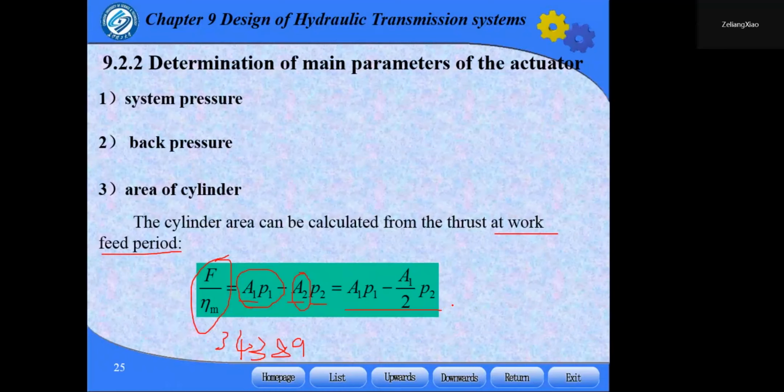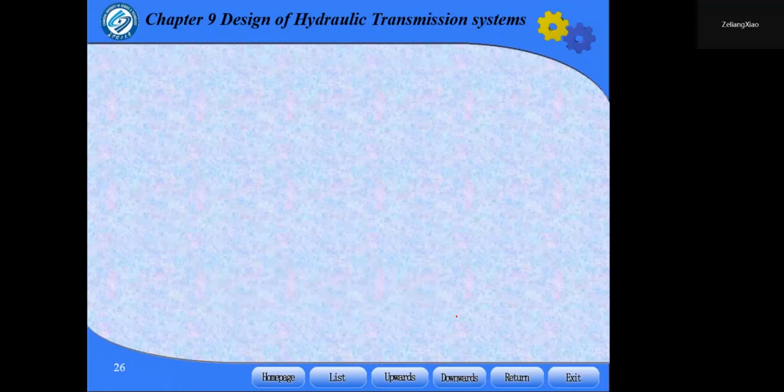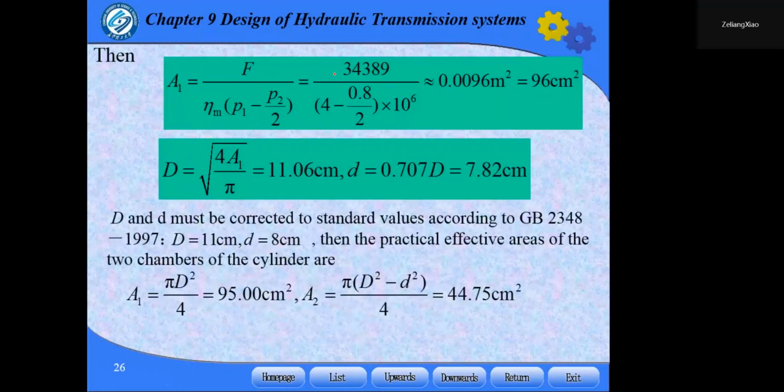Then we send the working pressure for this one part. The back pressure is 0.8. So we can get the area of working.